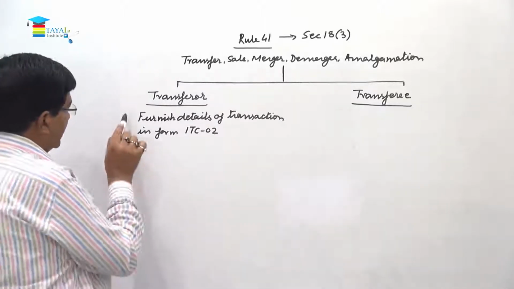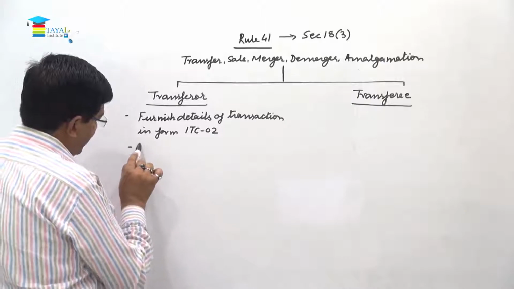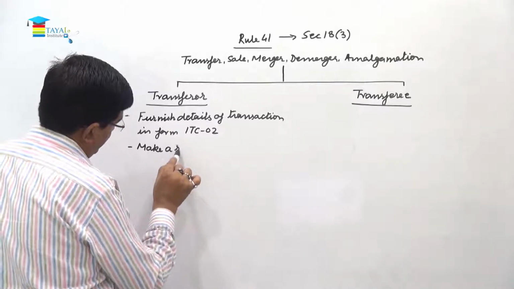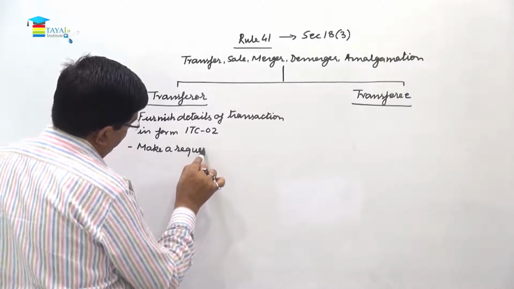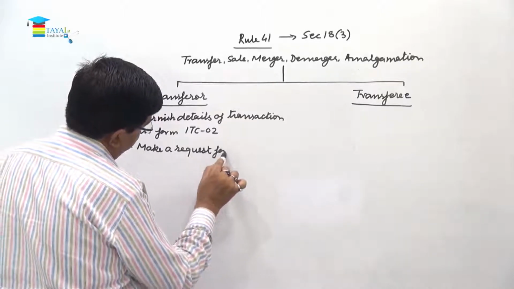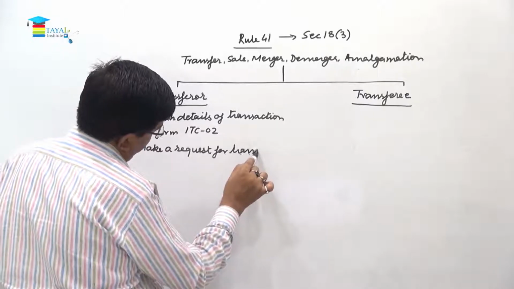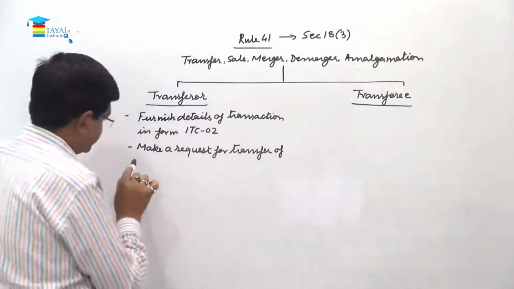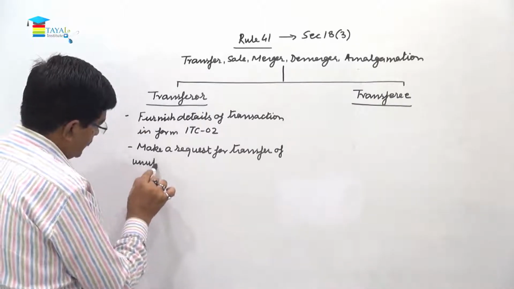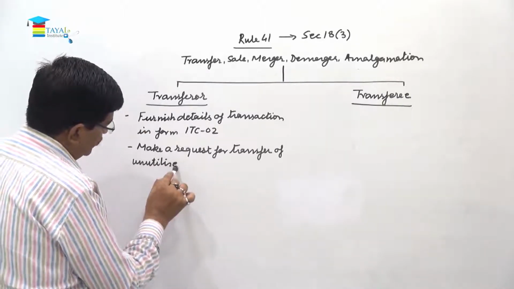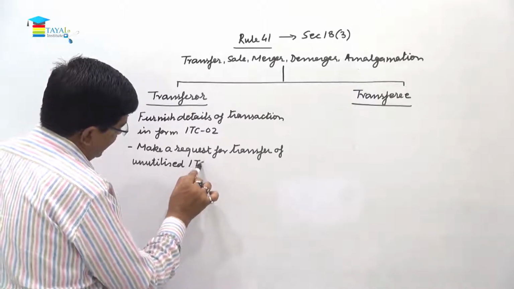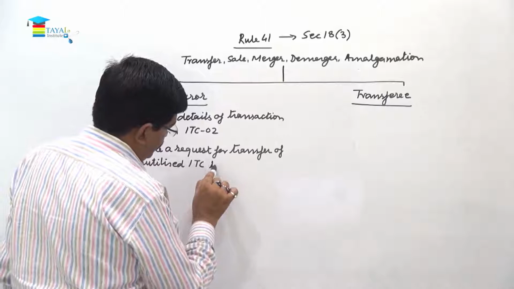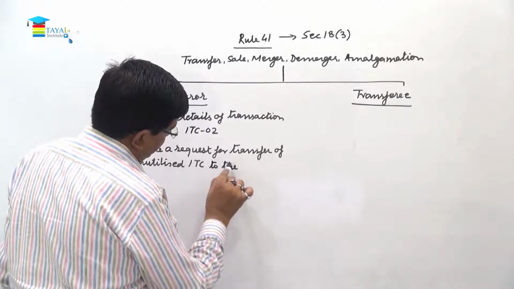And when this is done, at the same time, make a request for transfer of unutilized input tax credit to the transferee.